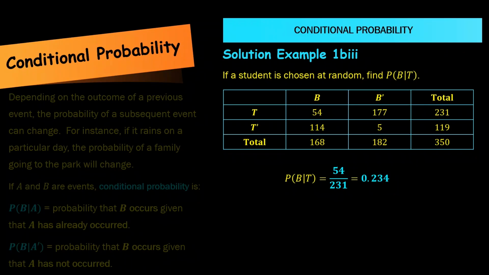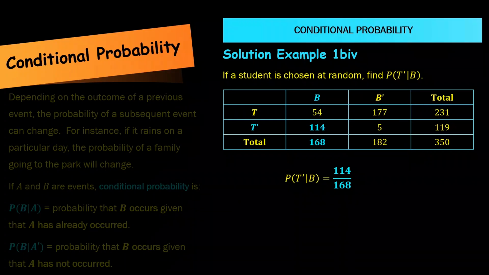And now for part 4. We're required to find the probability that somebody doesn't play tennis given that they play badminton. This time, as you can see, we've used the badminton total, so 114 divided by 168, which equals 0.679.